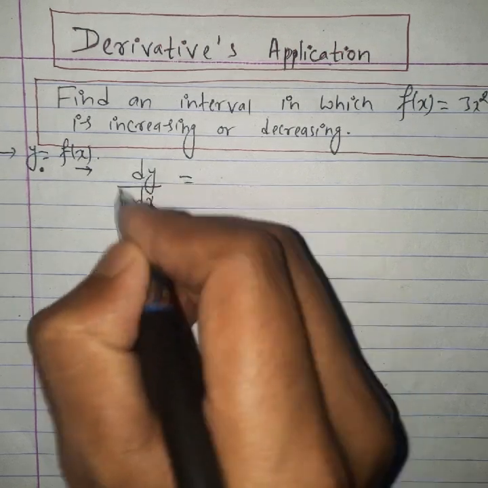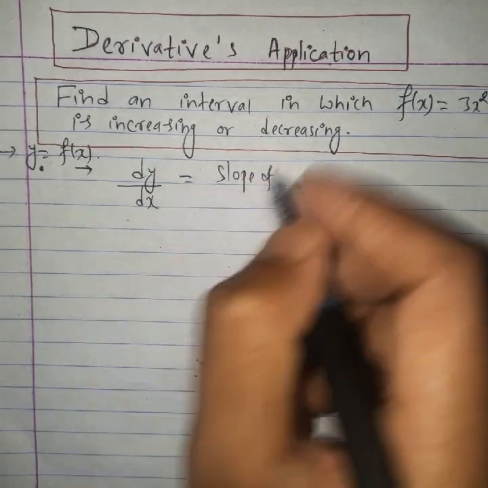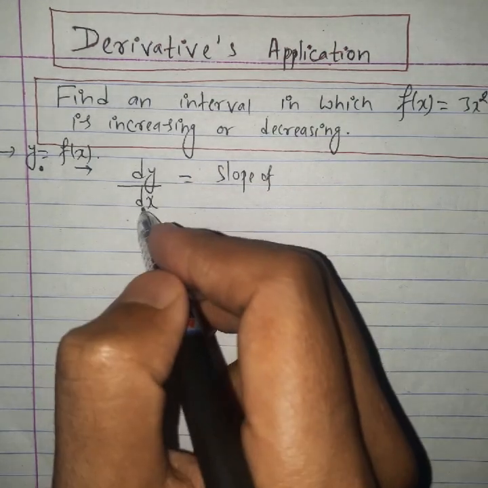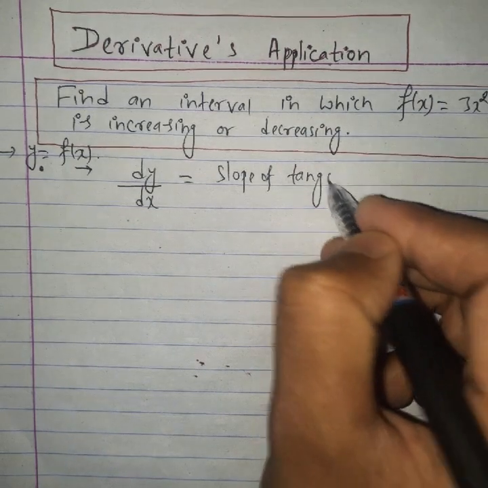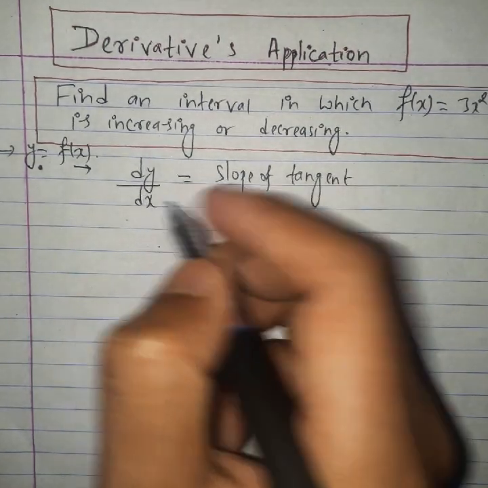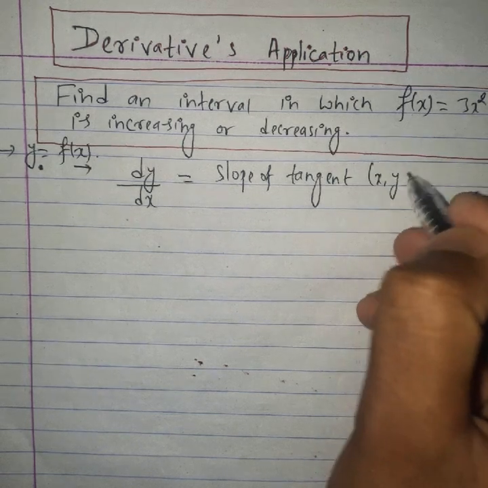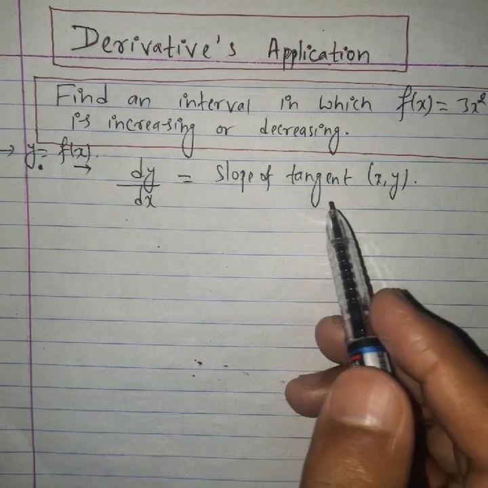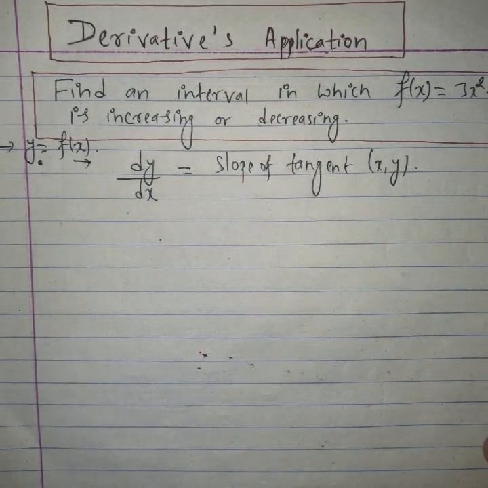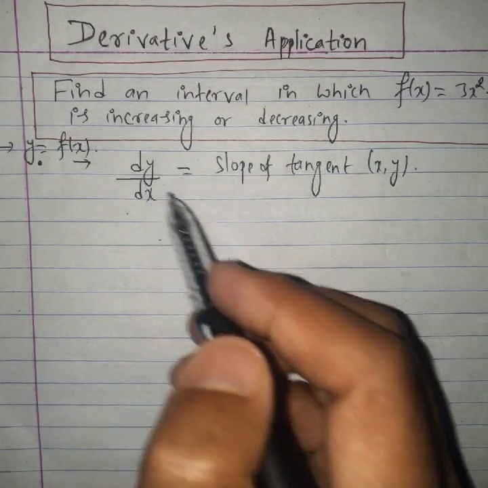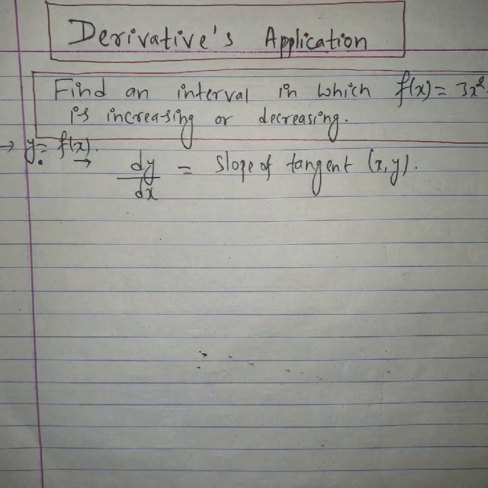Its geometrical interpretation is the slope of the tangent. Dy over dx gives the slope of the tangent at a point x comma y. Please remember this very important point.